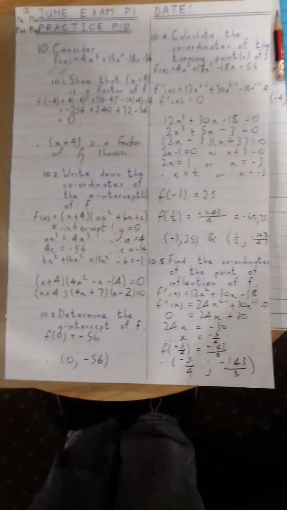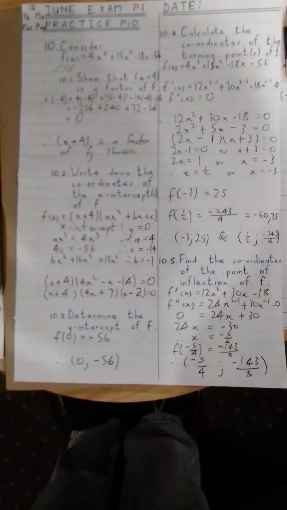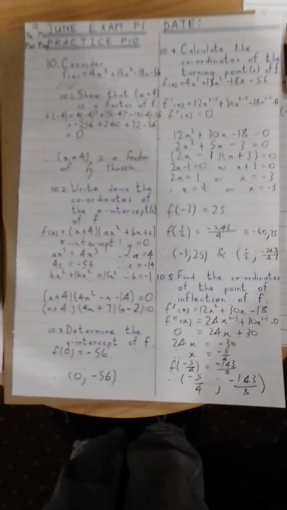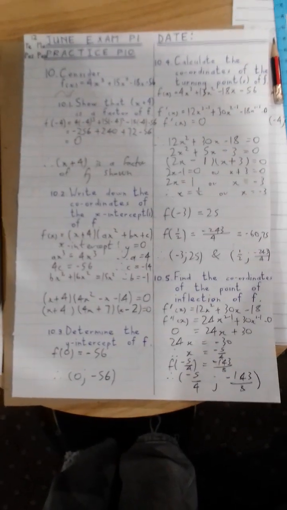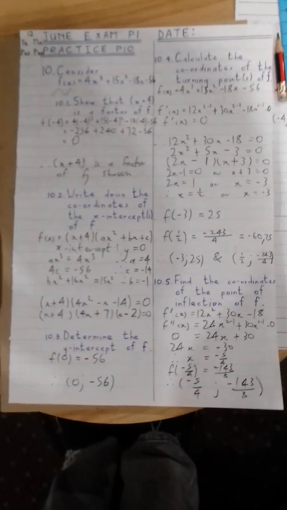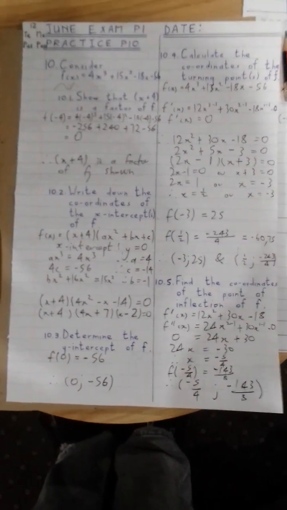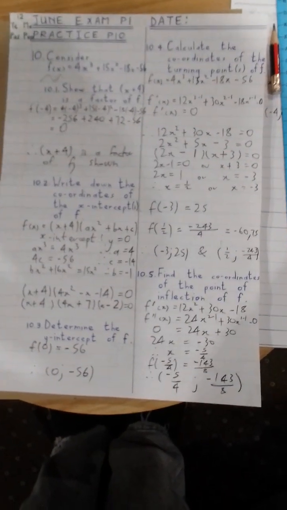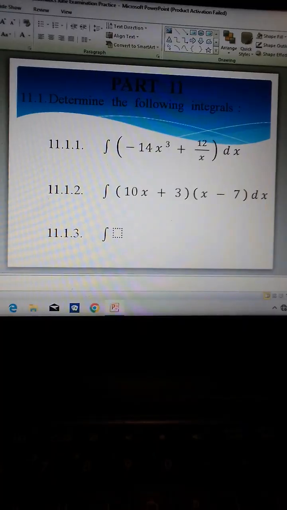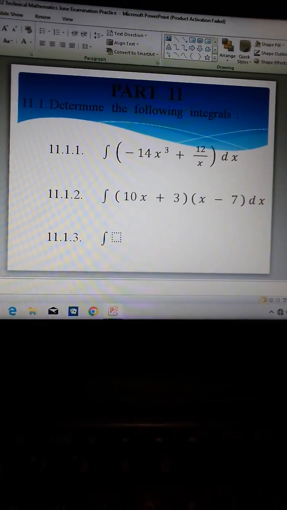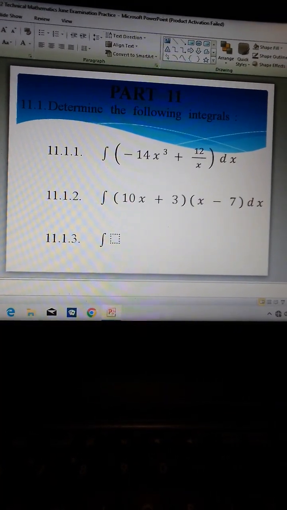I hope that wasn't too challenging, but that's basically the questions that you may get on differential calculus and cubic functions in a nutshell. I'm just going to show you some of what I've prepared for integration. That's part 11. So please try to find the following integrals.